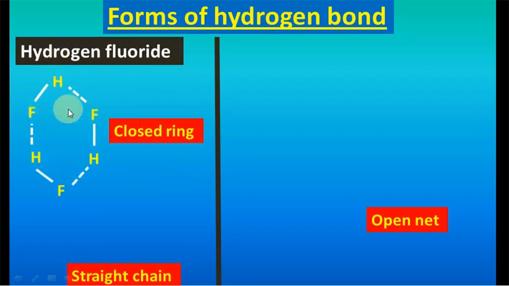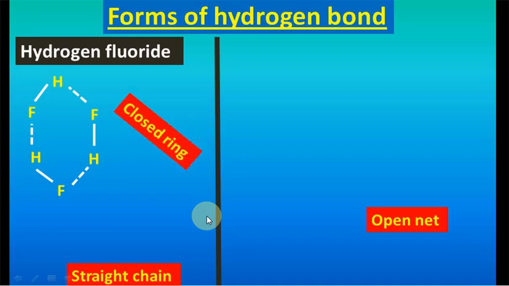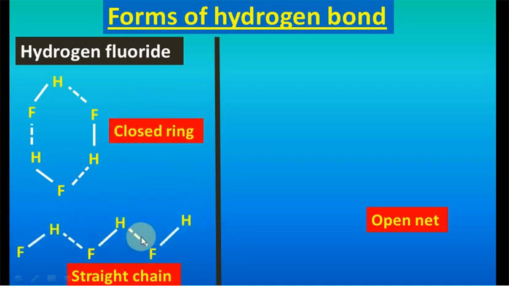HF, HF, HF, and between them is hydrogen bond. This dotted line is called hydrogen bond. It's a closed ring. Or hydrogen fluoride may be in a straight chain, not a ring, like this. Very good. It's called straight chain.